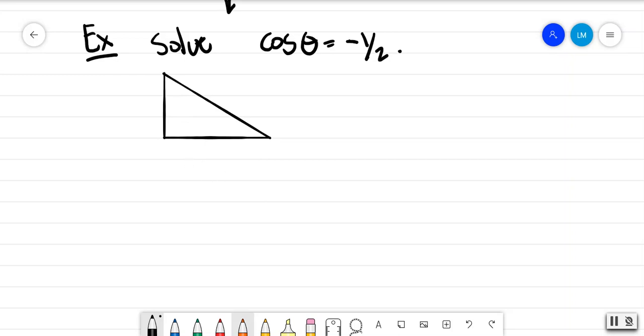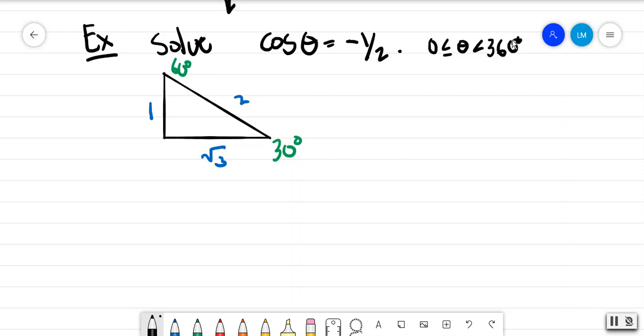Okay, so this is 1, this is root 3, and this is 2. Angles, respectively, are 30, and that's going to be 60. Now, let's go ahead and specify that theta is between 0 and 360 degrees.